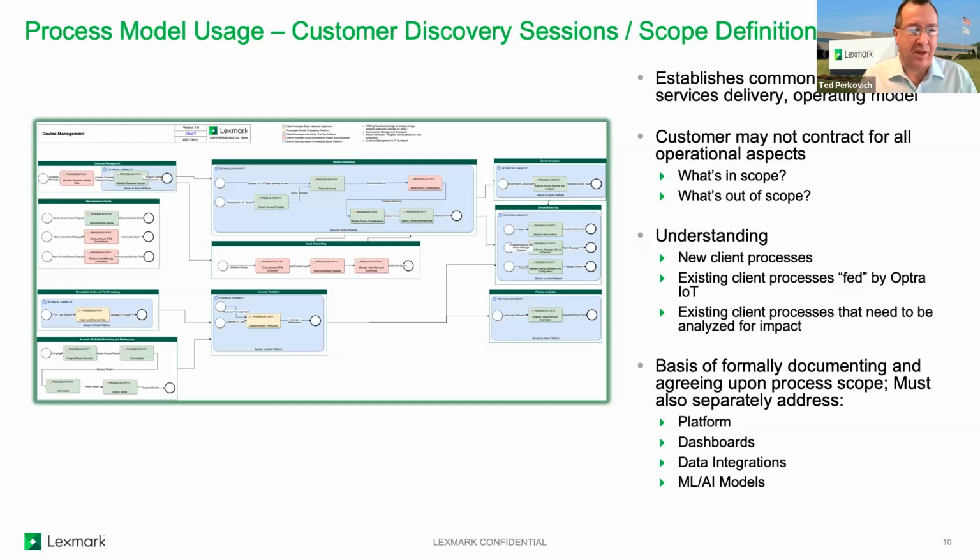If you take an example of dashboards here. We're going to include a number of different dashboards that come with this product and can be in the scope. Well, a customer may not have all of the data that's required in order to support the dissemination of that information in the dashboard. They may not be accumulating it right now, or they may not be accumulating it in the right way.